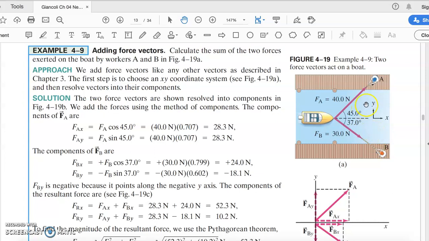The direction where worker A is pulling is 45 degrees with respect to the x-axis, counterclockwise, while worker B is pulling the boat with an angle of 37 degrees, but clockwise with respect to the positive x-axis. Just a simple problem, and we want F net of the force acting on the boat.